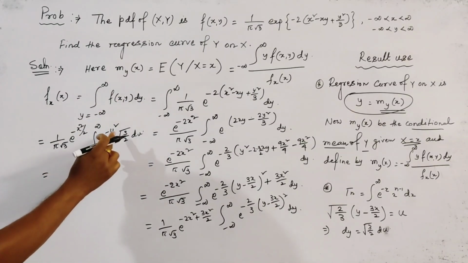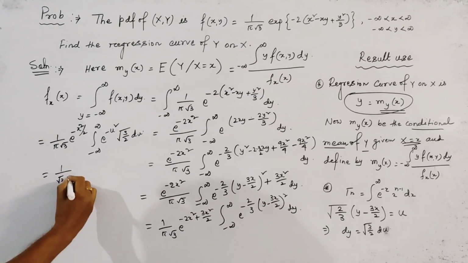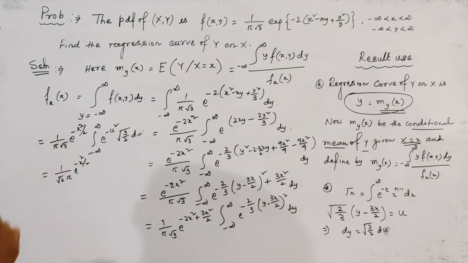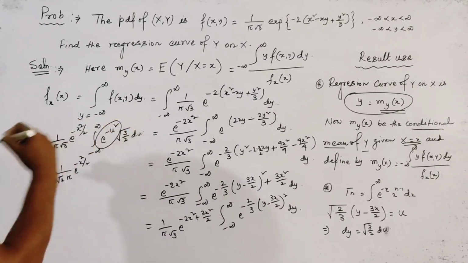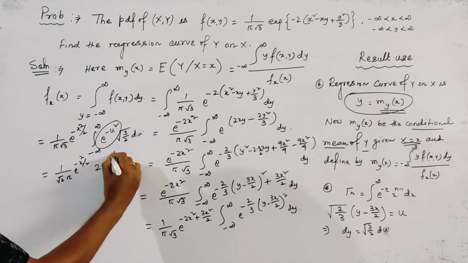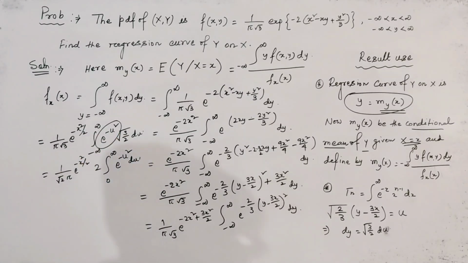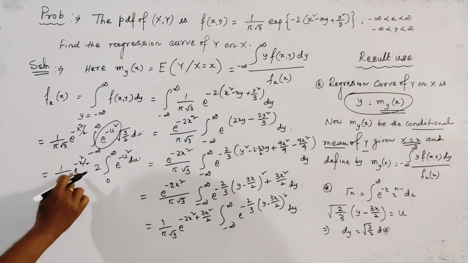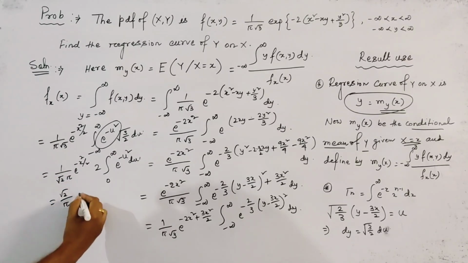Okay, now root 3 cancels out, so we get 1 by root 2 pi into e to the power minus x square by 2, and since e to the power minus u square is an even function, we write it as 2 into the integration from 0 to infinity of e to the power minus u square du. Clear? And by cancelling root 2 and root 2, we get the result as root 2 by pi into e to the power minus x square by 2.